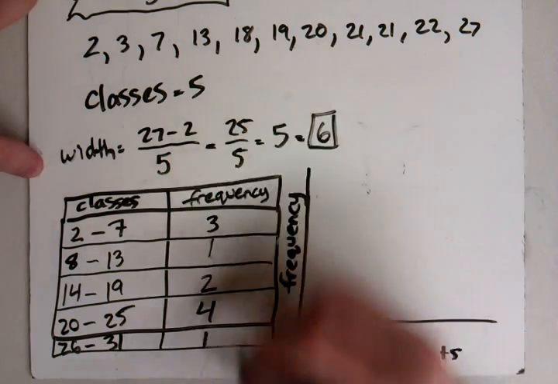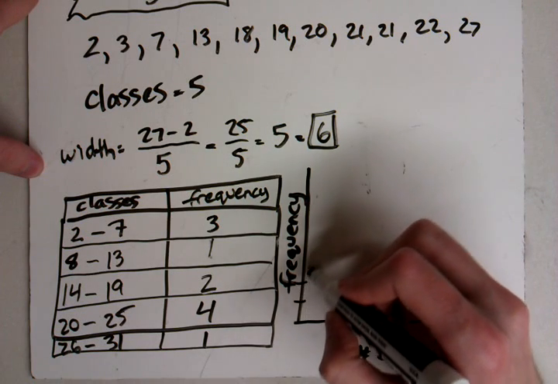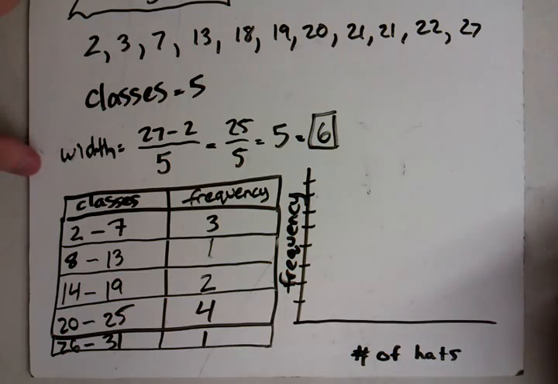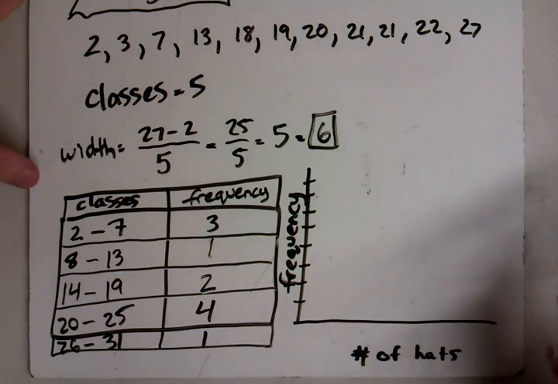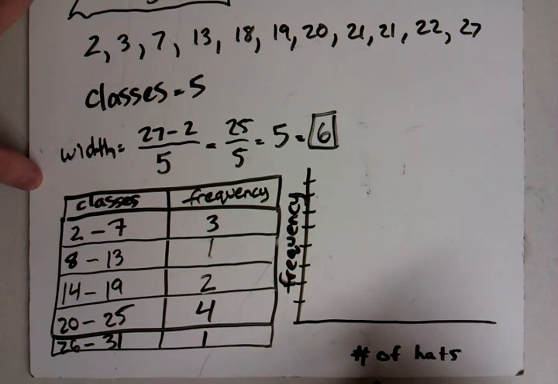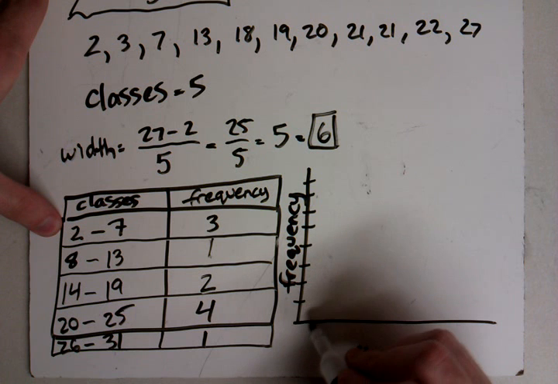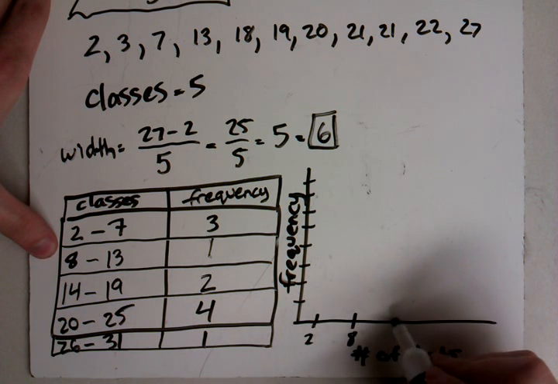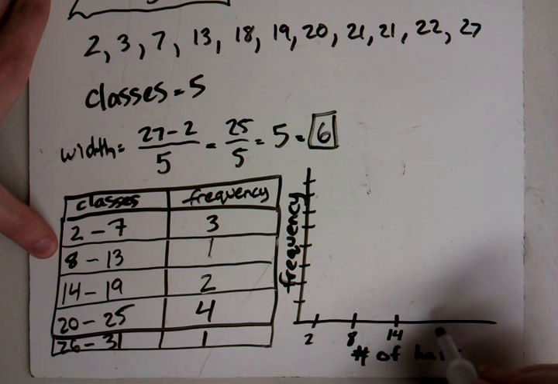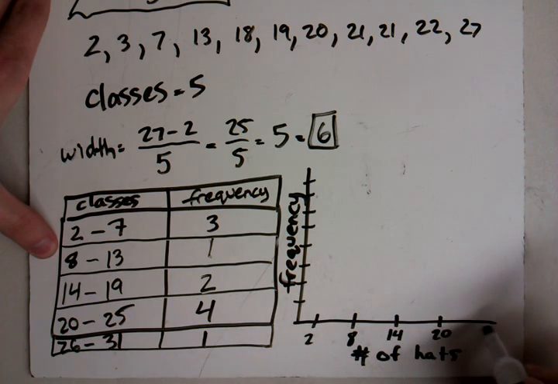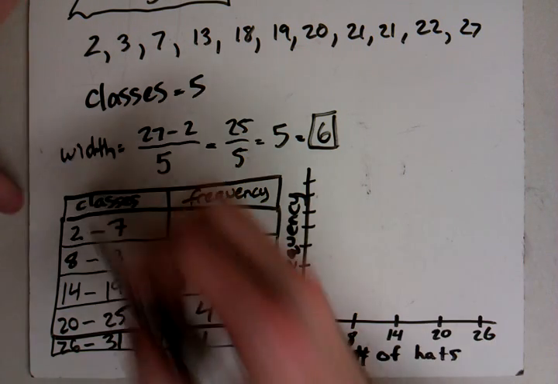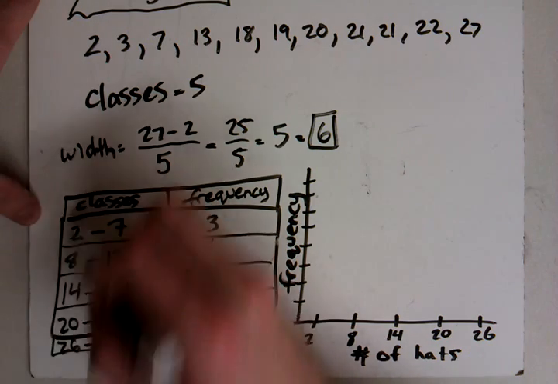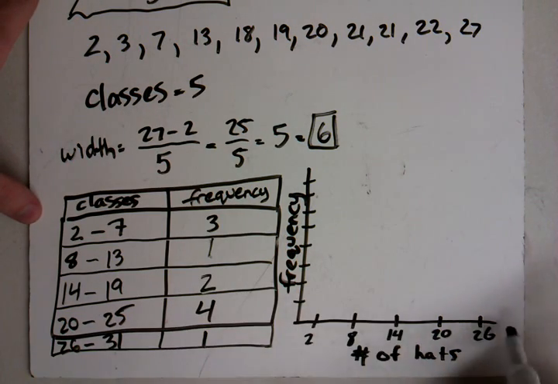Notice that none of our frequencies go over 4, but I'm going to give us some extra marks just because. The first class goes from 2, the next class starts at 8, and then 14, and 20, and 26. Notice I'm taking the first number in each interval, and that's marking my axis.